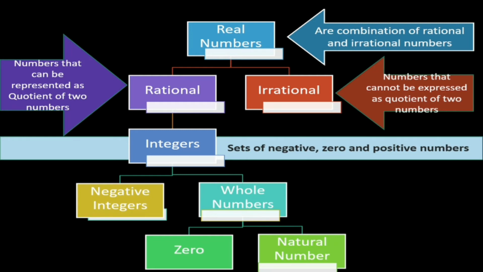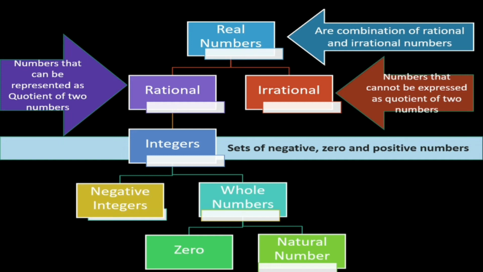The integers are the set of numbers that is composed of negative, zero, and positive numbers. Examples of integers are negative 11, negative 1000. We also have 0 and positive numbers such as 1, 3, 100, and 500.